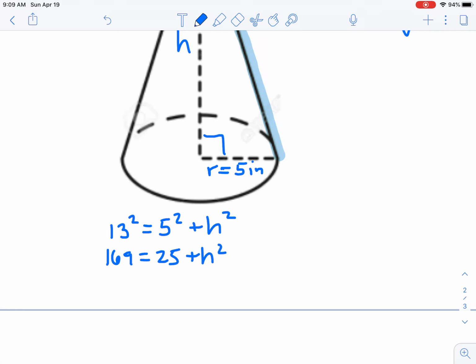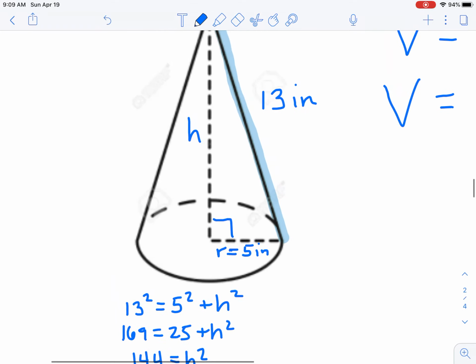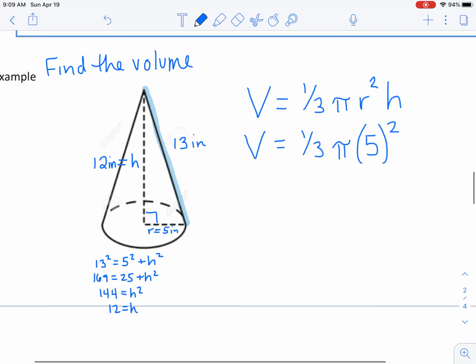169 equals 25 plus h squared. I subtract over, I get 144 equals h squared. Take the square root. The height is 12 inches. So, plug that in for the height.